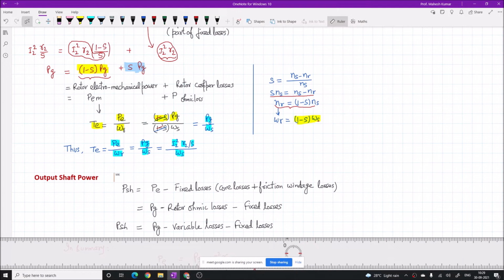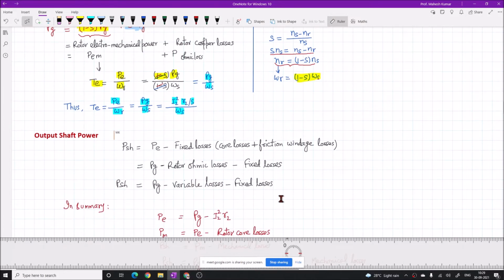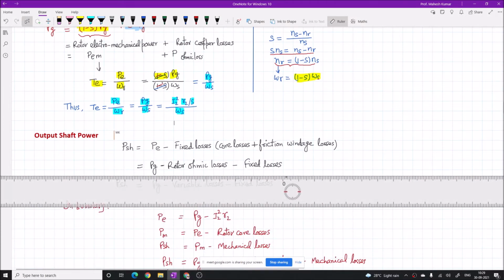We want to understand what the output shaft power is. So for finding the shaft power, we have to find the mechanical losses as well. Now from this PE, which we just found, we subtract the fixed losses, which consist of the core losses and the frictional windage losses, the mechanical losses. So we have coupled the core losses here, which are kind of fixed losses.